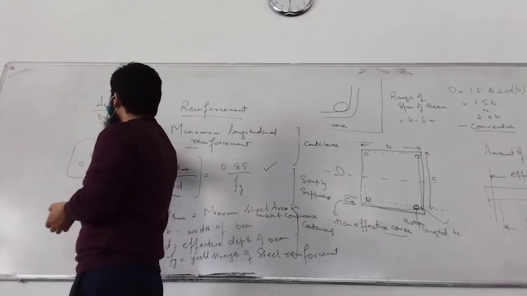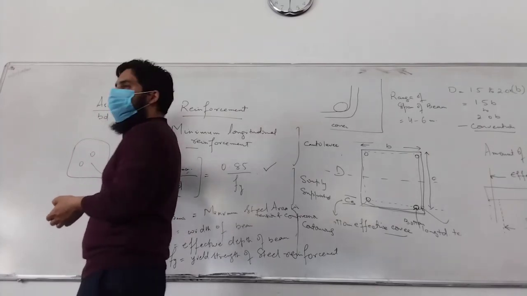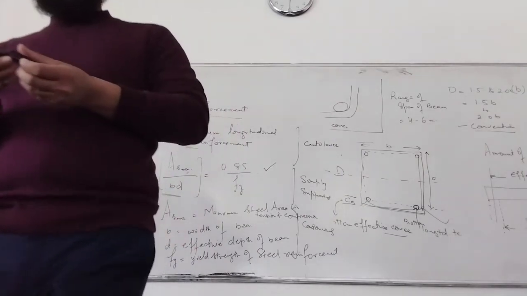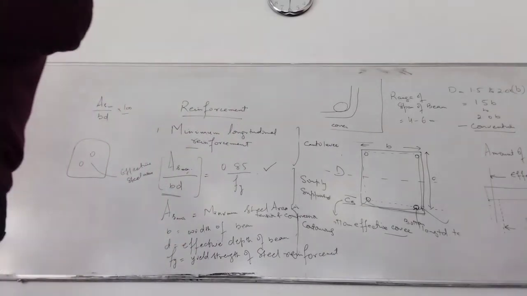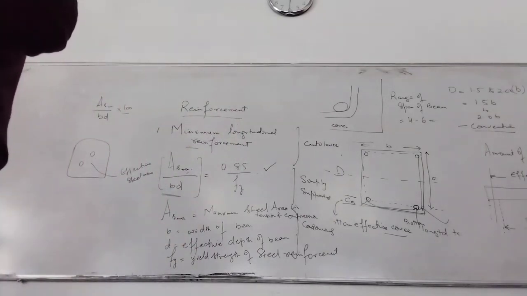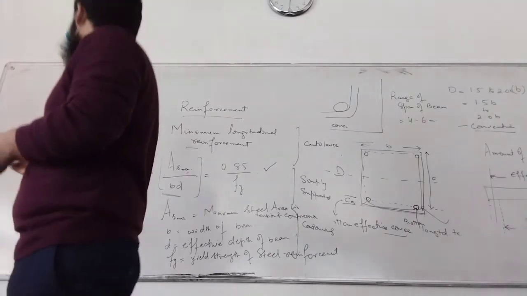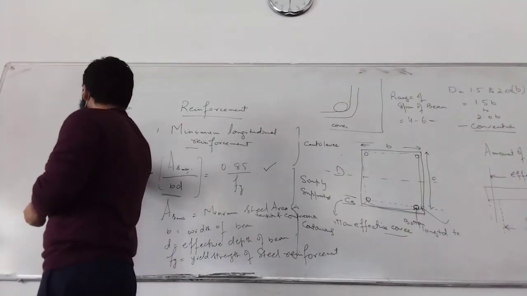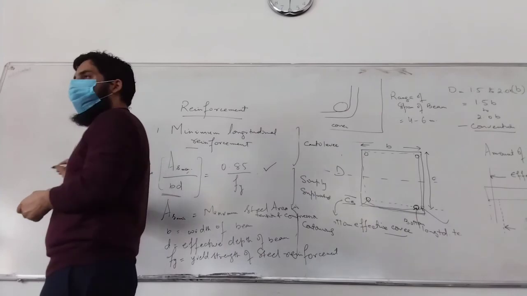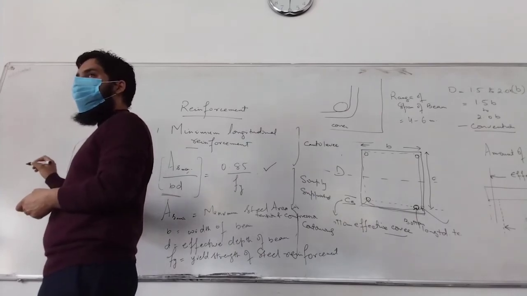So if you multiply it by 100, then you will get the percentage of steel. Now it's actually telling you the minimum percentage. So you can also write it as Ps minimum, where P is percentage of steel.